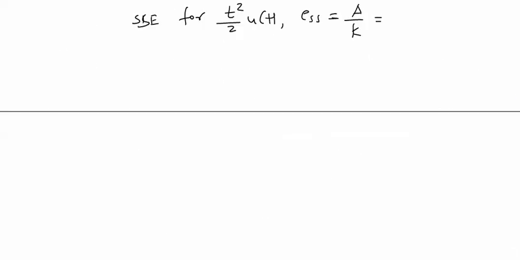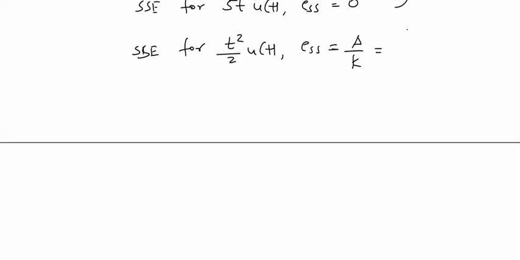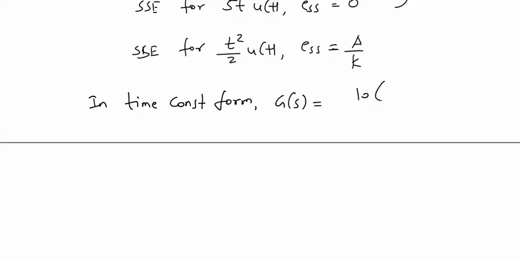So if I convert this into time constant form, G of s can be written as 10 into (1 plus s) divided by, I'll take 2 and 10 common from the denominator, 2 into s square into (1 plus s by 2) into (1 plus s by 10).